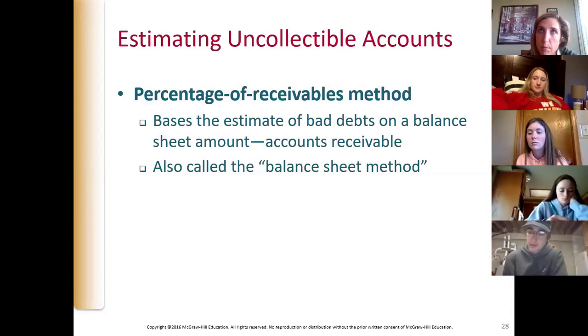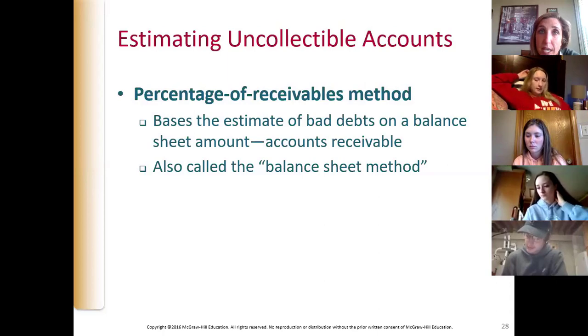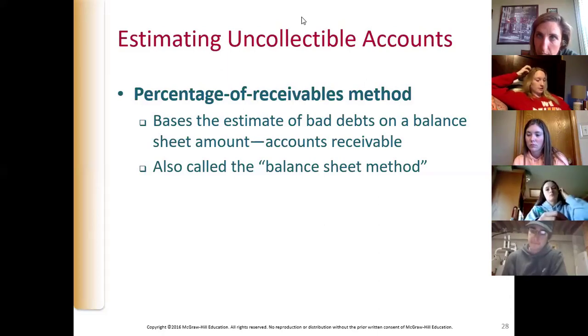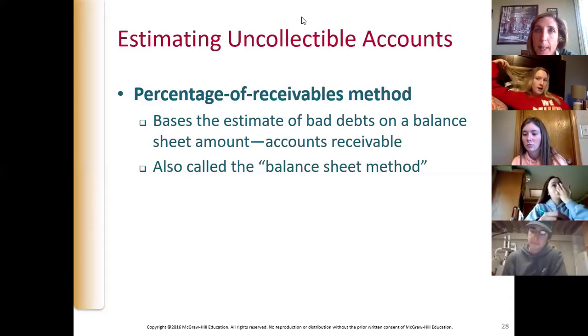Accounts receivables, if the balance were $100,000 and you thought 5% of that was not collectible, you would multiply 5% by 100,000. But that will tell you the amount you want your uncollectible to end up equaling.